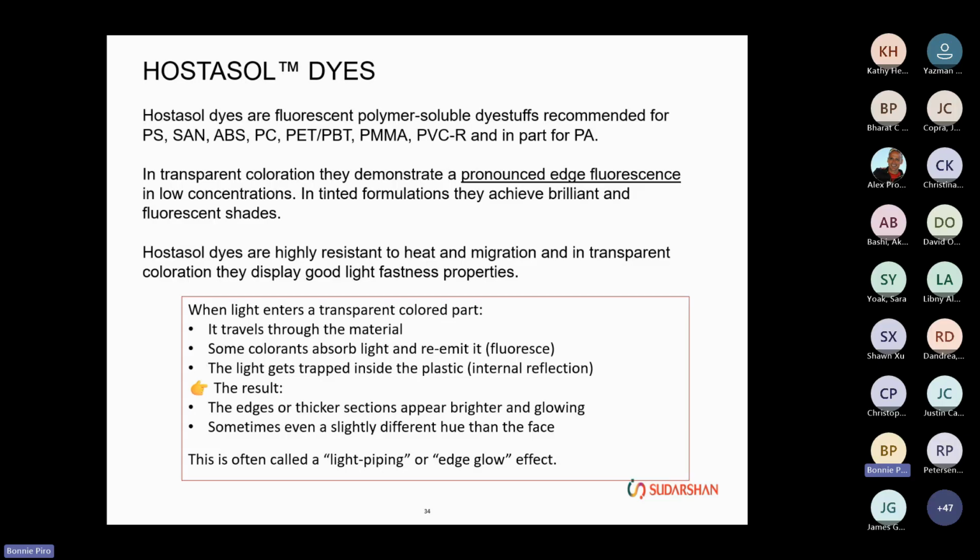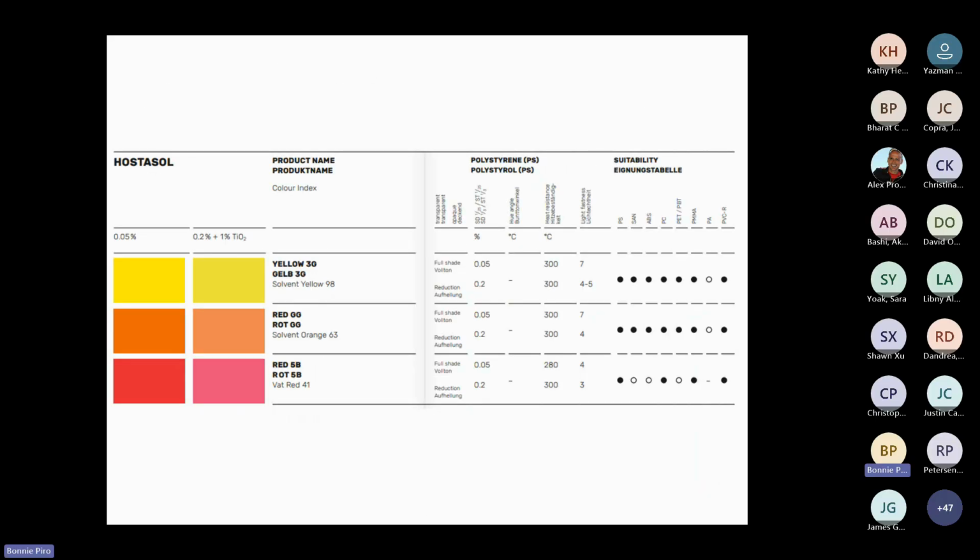So these aren't by definition fluorescent solvent dyes, but they give that edge effect or edge glow, or light piping is another way of describing it, just by the way the light captures those thicker edges to give you that look. Three of those are in the Hostasol brand area.